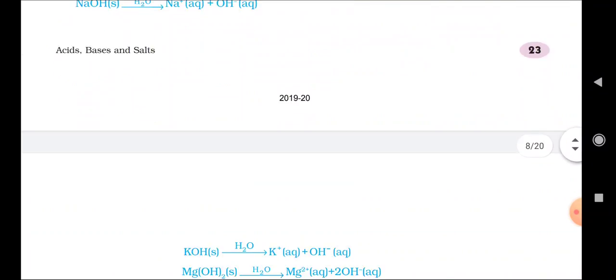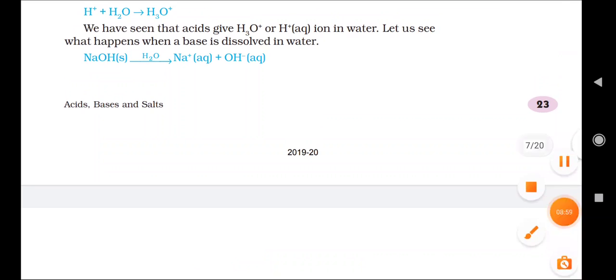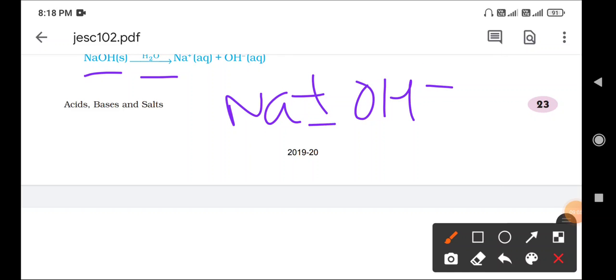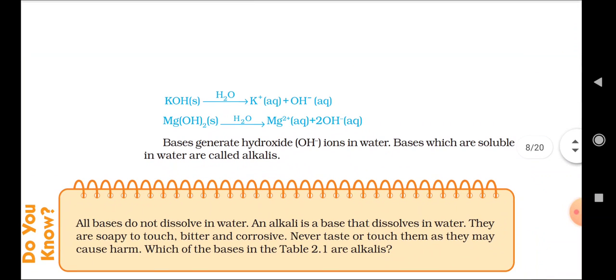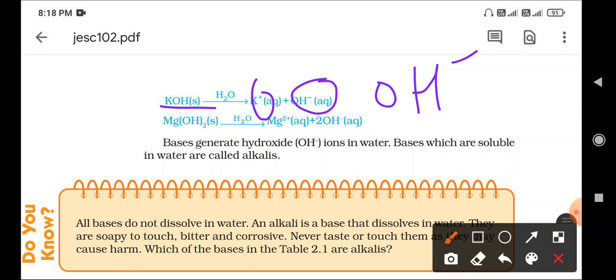Simple. Next, if we take sodium hydroxide, NaOH, that gives Na plus and OH minus, correct? Next, we have taken potassium hydroxide. In the case of potassium hydroxide, again K plus ions and OH minus ions. OH minus means hydroxide.